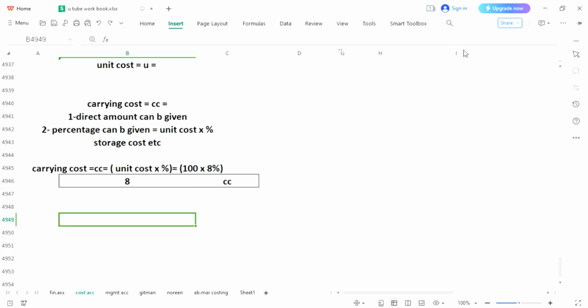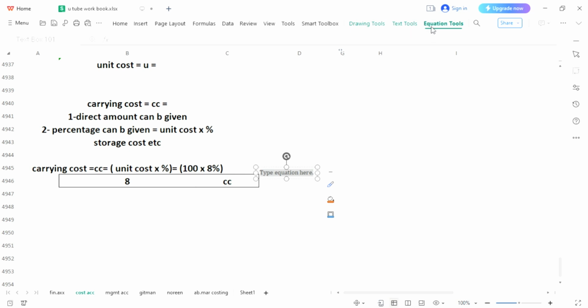Third, the equation we need to put, and from here the equation tools would be taken. Since we need to have an under root, this is the way we will take it, and let me change its size. Though we are taking time, it's important to understand. So in this way you will write it down. I have taken enough size.